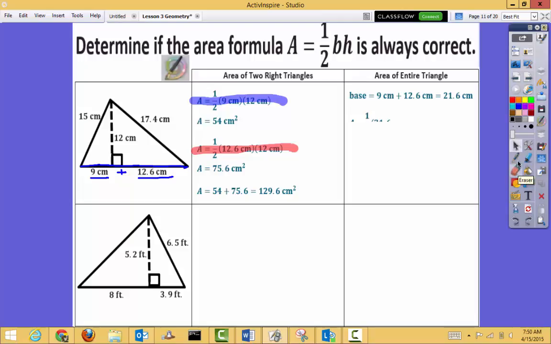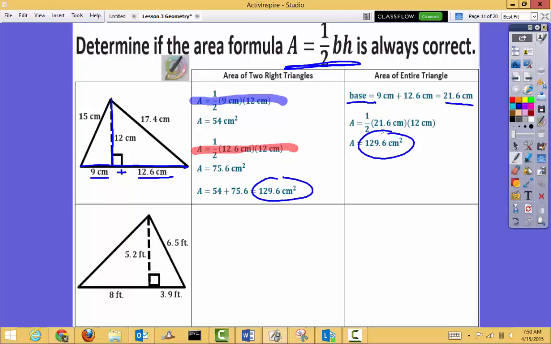Now I'm going to use my formula, 1/2 base times height, to see if it's correct. So I put those numbers in. Its base is 21.6. Its height, how tall it is, is 12. And when I multiply 1/2 times 21.6 times 12, I get this. What do you notice? They are the same.